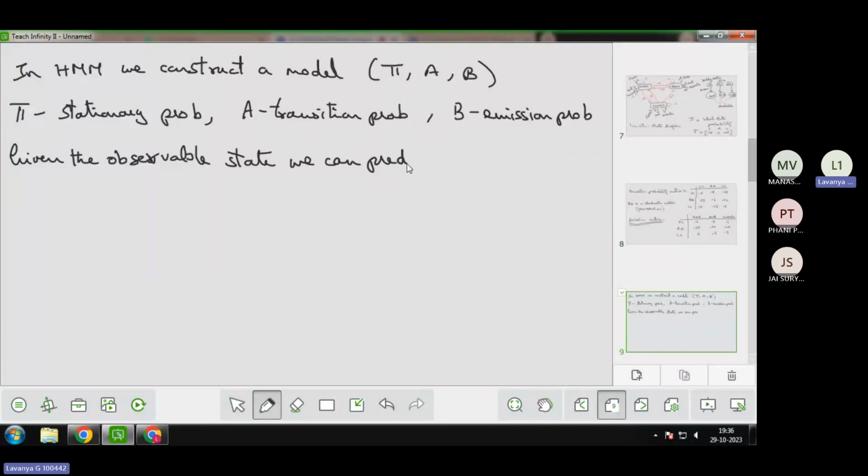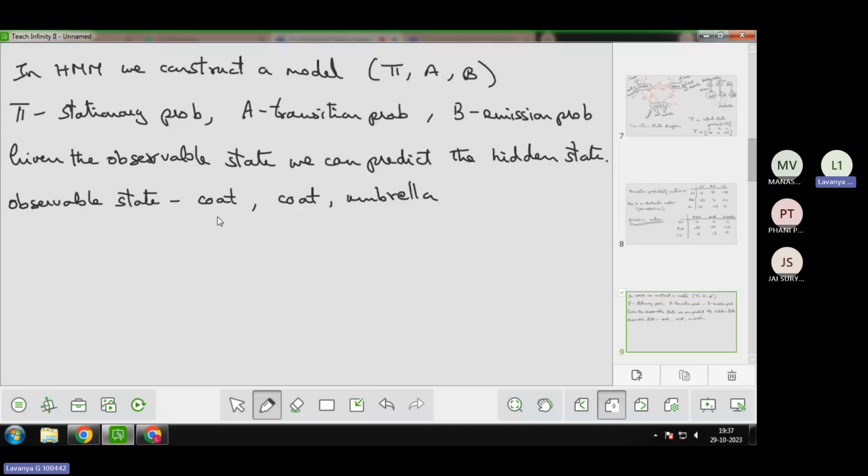Observable is what we are seeing, what the person is wearing. Your observable state would be, let us say, coat, coat, and umbrella. I have left out shorts. That means two times he's wearing a coat, next time he's wearing an umbrella.